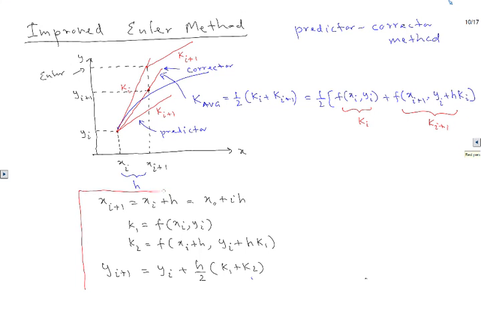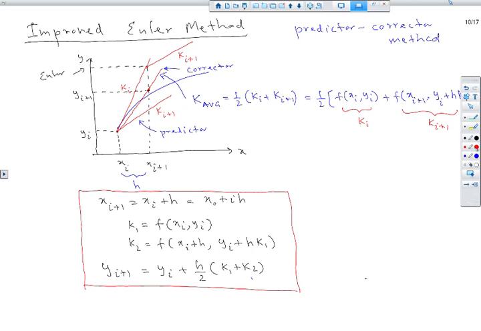So you can take the average of two slopes. I'm going to give you a problem for you to try, so you can do this as an exercise.